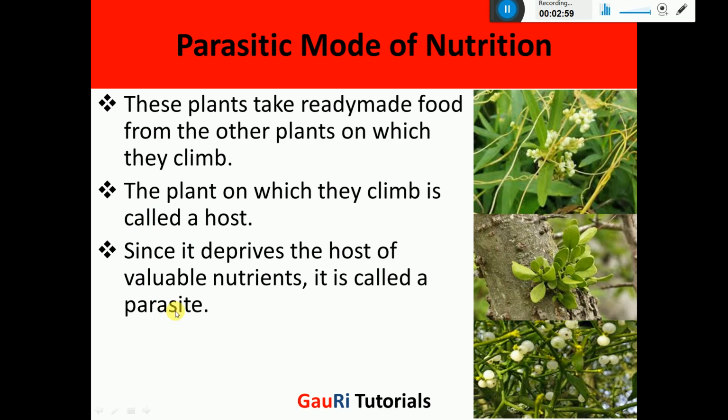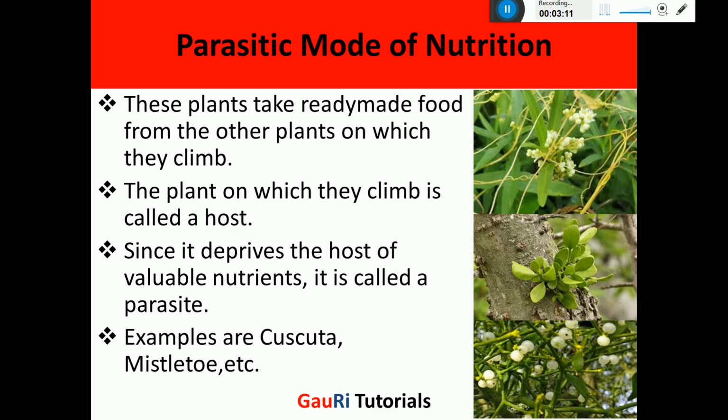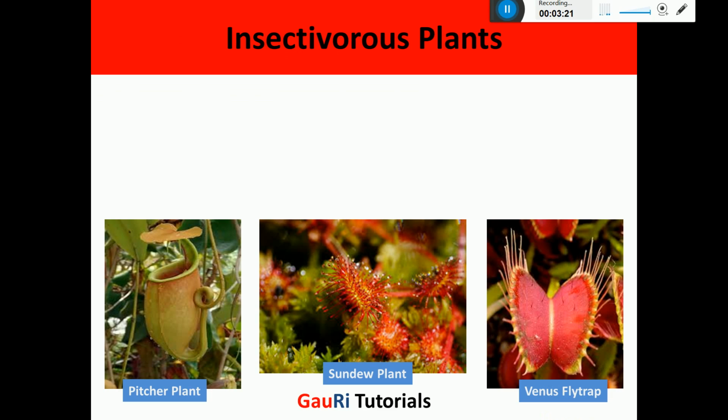So it is called a parasite. The parasite grows on the plant, that plant is called the host, and the parasite takes up food from the host to survive. Examples we already studied: Cuscuta, mistletoe. These are different examples of parasitic plants.